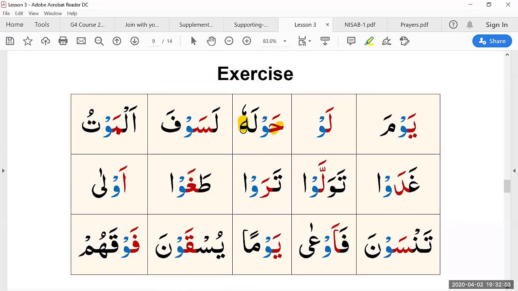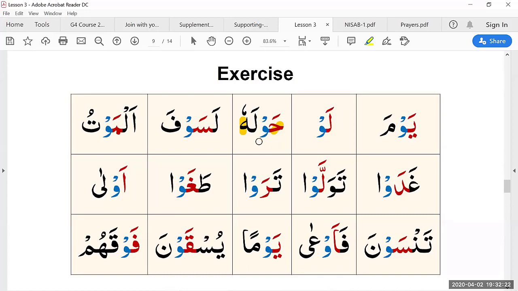So you do know that this ha, the big ha, and this small ha, they are different, right? In terms of pronunciation. So this big ha comes from the middle of the throat.